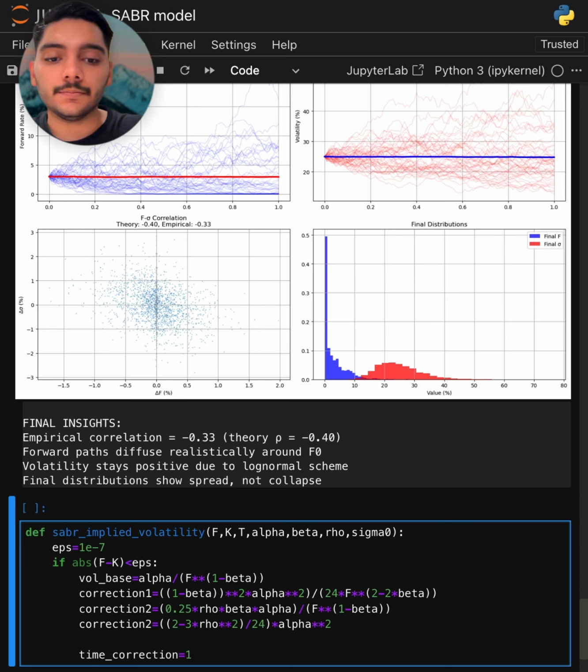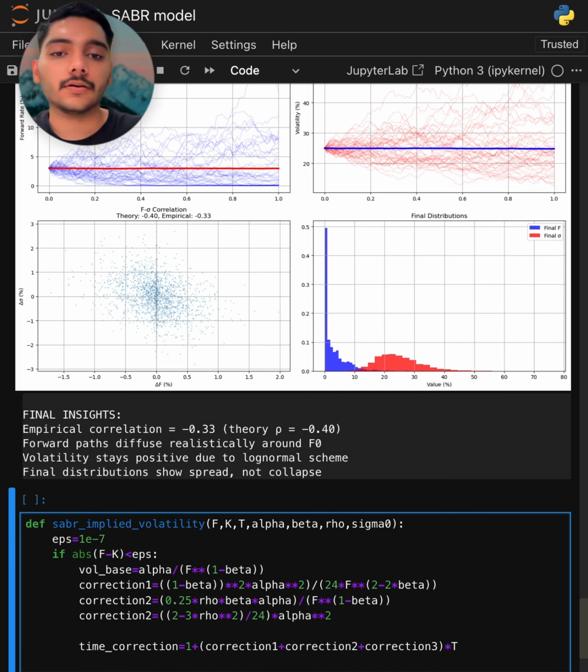The total time correction is equal to 1 plus correction 1 plus correction 2 plus correction 3, into t, and we will return the volatility base into time correction.